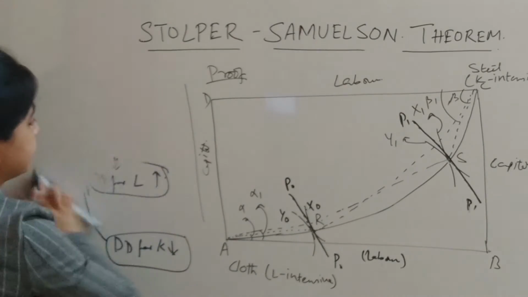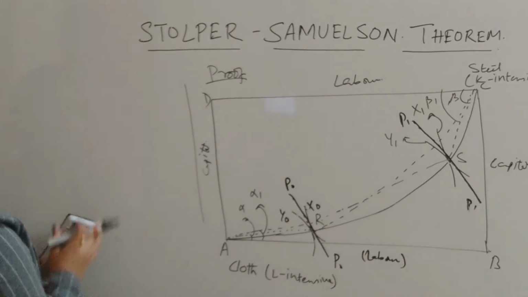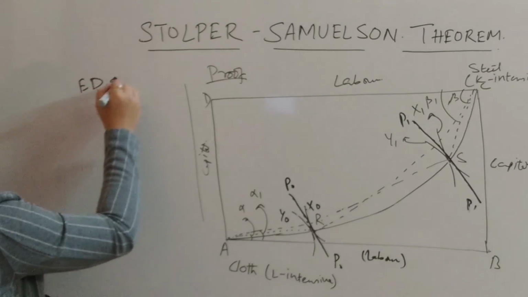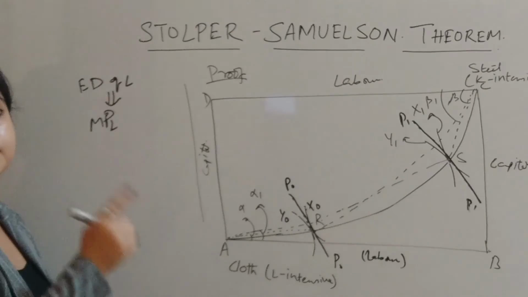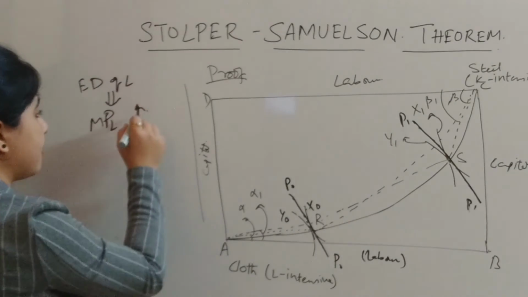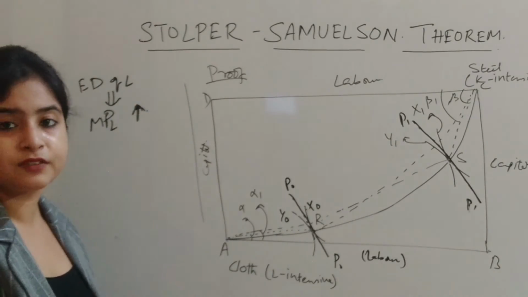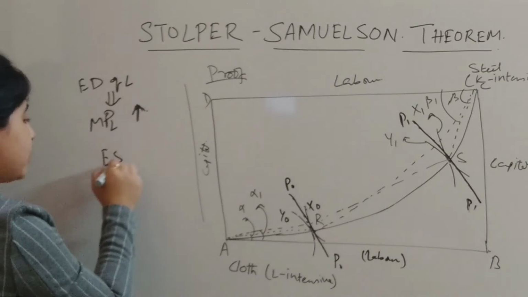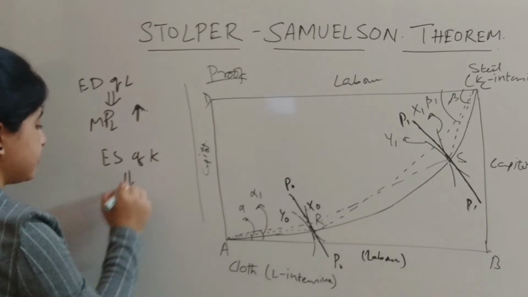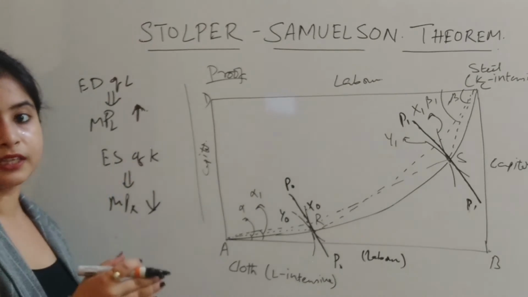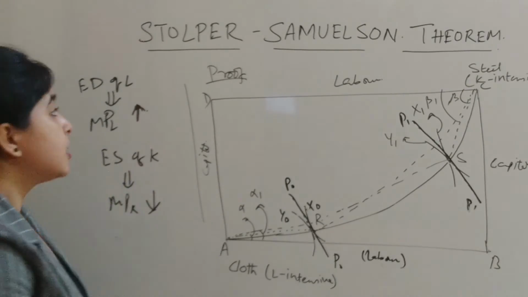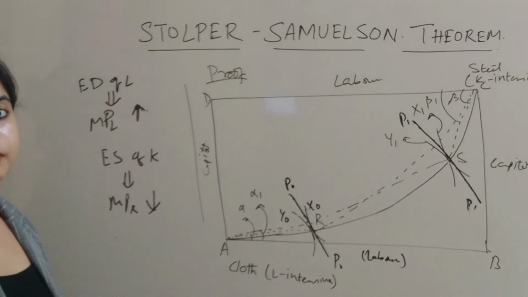Let me write it up freshly. Excess demand for labor is causing the marginal productivity of labor in both industries to go up due to diminishing marginal physical returns. And due to excess supply of capital, the marginal productivity of capital is reducing, again due to diminishing marginal physical returns.